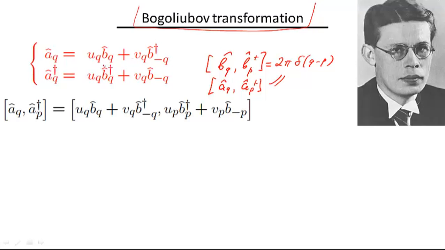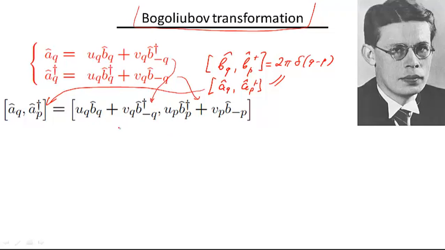So I calculate this commutation relation, which I already know for the commutator of a sub q and a dagger sub p. I simply plug in these definitions here, replacing q with p.